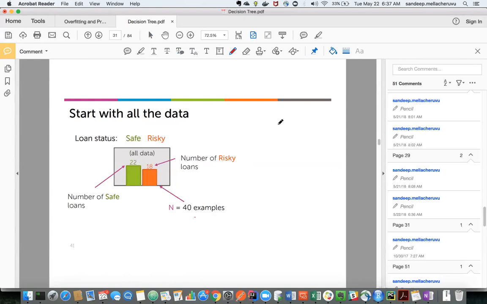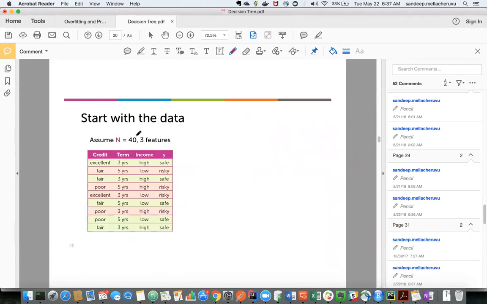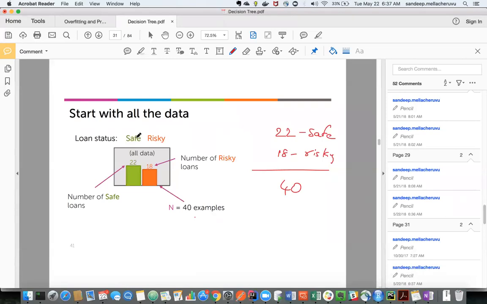So assume that at this point you have 22 safe loans and 18 risky loans, which means the overall number is 40, which is what we have assumed initially. So at the root node, you don't have any split.